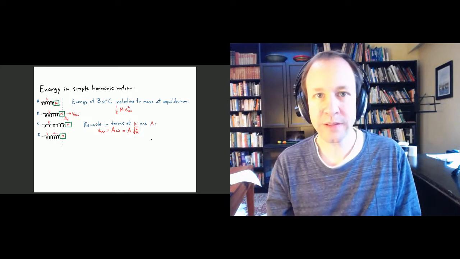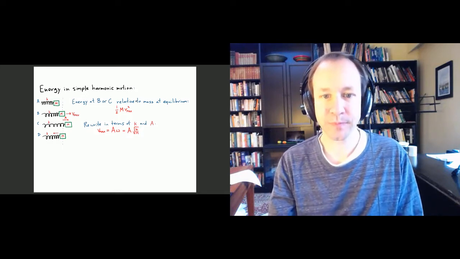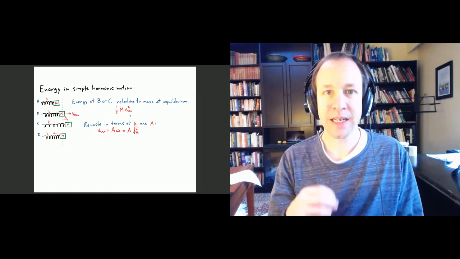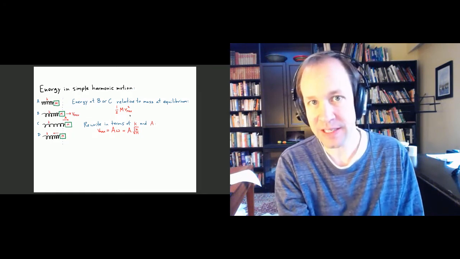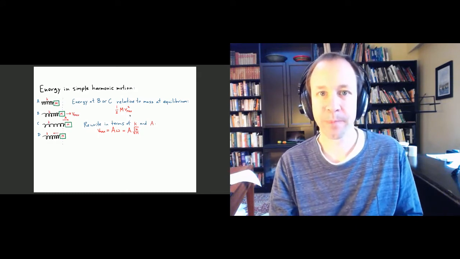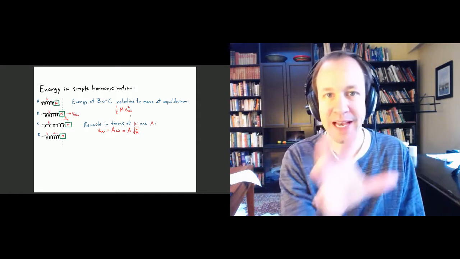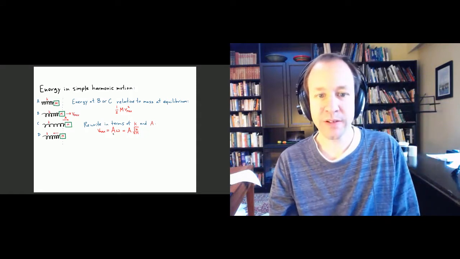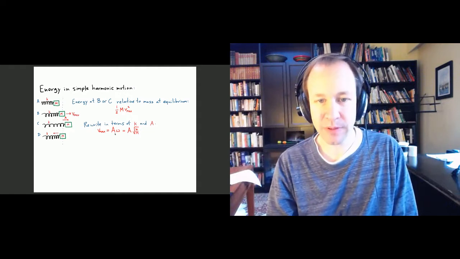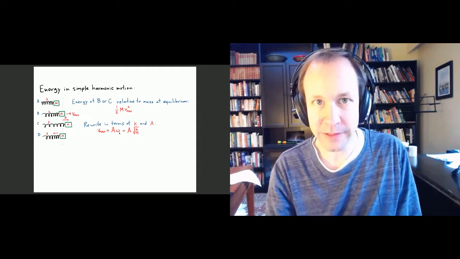So what we're going to do is just rewrite this expression for the total energy in a way that involves the amplitude of the oscillation rather than the maximum velocity. So in examples that we had in class last time, we understood that the maximum velocity during an oscillation was equal to the amplitude times omega, the angular frequency.